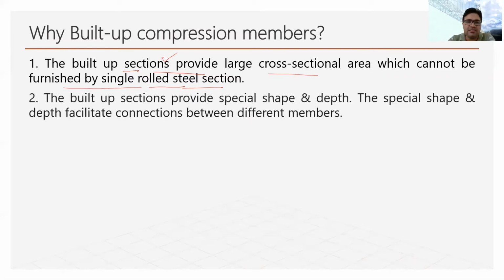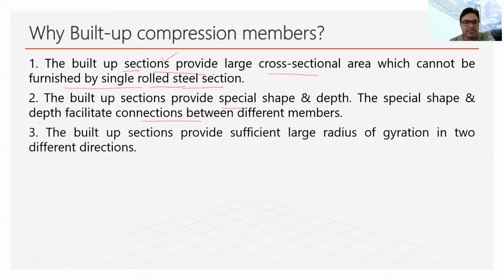Now, second reason of using built-up compression member is the built-up sections provide special shapes and depth, like they are actually a customizable section. So we can customize them as per our need, and therefore we can facilitate the connection between them. We can easily connect them. So based on our choice, we can change them.